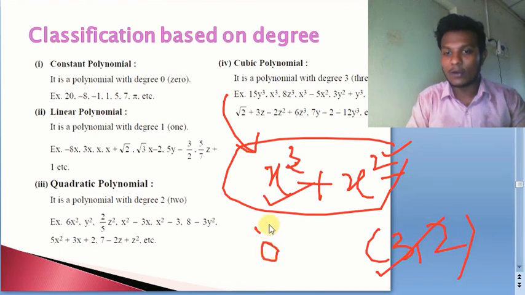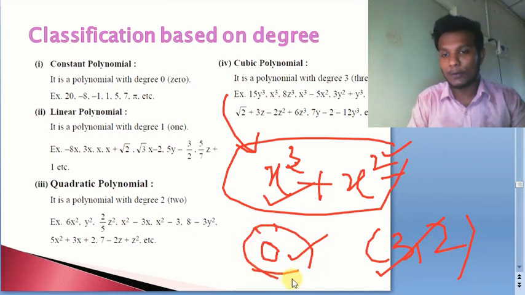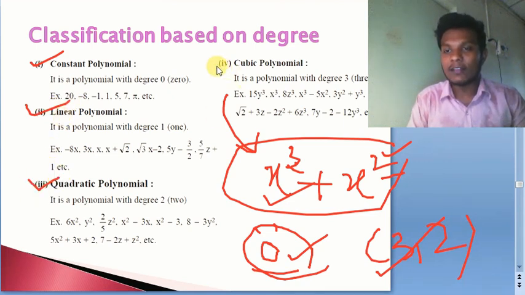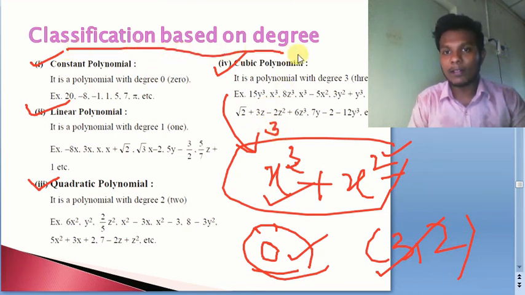If it is 0 itself, for this particular case, the degree is undefined. So the polynomial with undefined degree is going to be the 0 polynomial. So for constant it is 0, for linear it is 1, for quadratic it is 2, and for cubic we have 3 as our degree. So this is how we can broadly classify the polynomials depending upon the degree. Remember, a fourth degree polynomial we also call biquadratic.